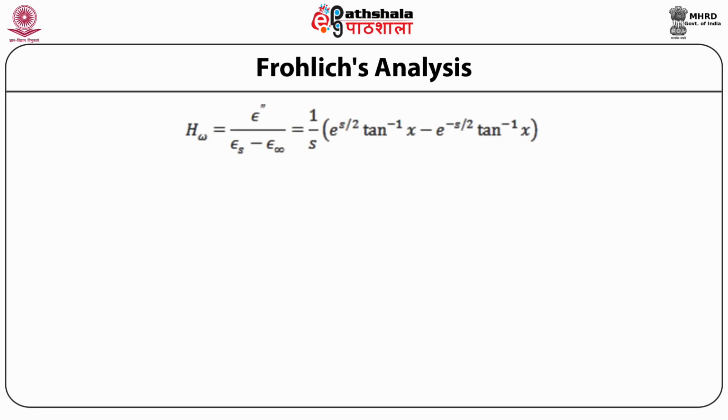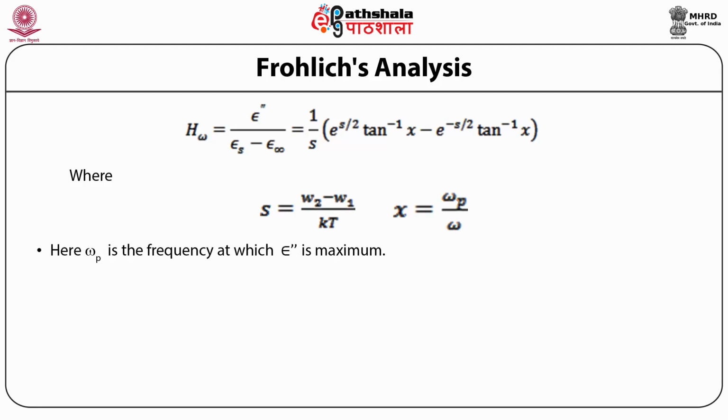Similarly, H(W) equals epsilon double prime divided by (epsilon s minus epsilon infinity), which equals 1 by s into [exponential e to the power s by 2 tan inverse of x minus exponential of e to the power minus s by 2 tan inverse of x], where s equals (W2 minus W1) by kT and x equals omega p by omega.